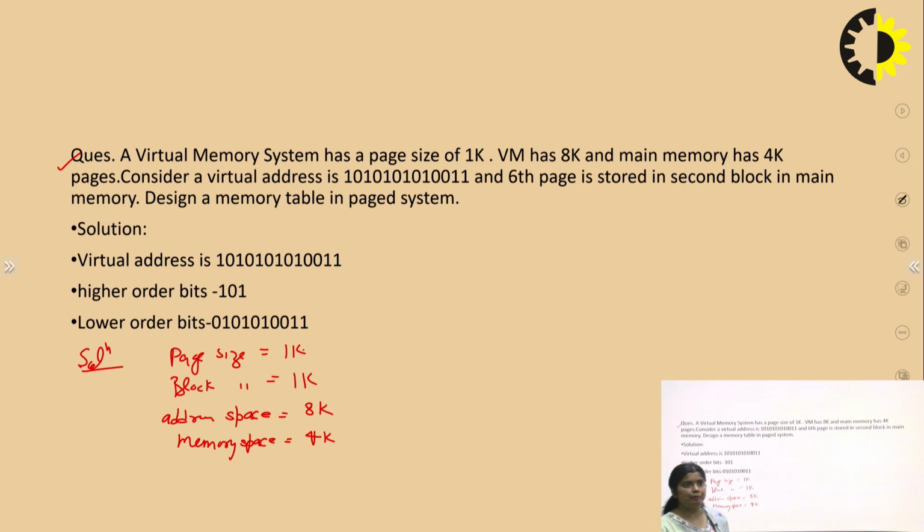Now, the virtual memory has 8K, meaning the address space is 8K, and the virtual address bit is 2 to the power 13, or you can say a 13-bit virtual address is present, and the memory space is 4K.